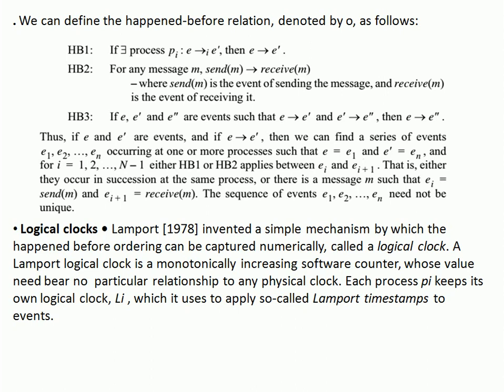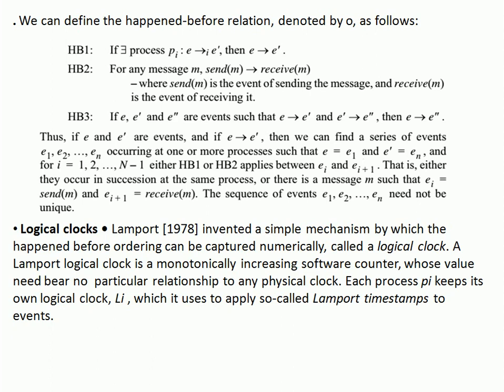Happened-before 2, the second rule, represents a message M. You are sending message M from send M to receive M. In process P1 you are sending a message, and in process P2 you are receiving that message, where send M is the event of sending the message and receive M is the event of receiving it. Send M should happen first, or say happened before receive M. The second rule represents a message sent from one process to another process.